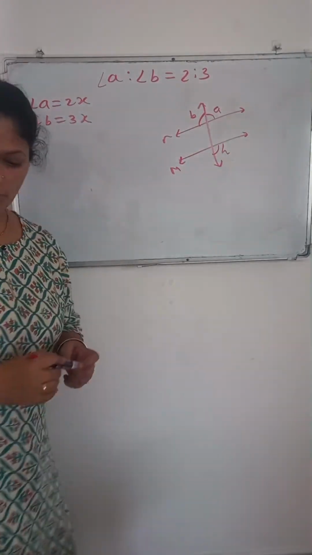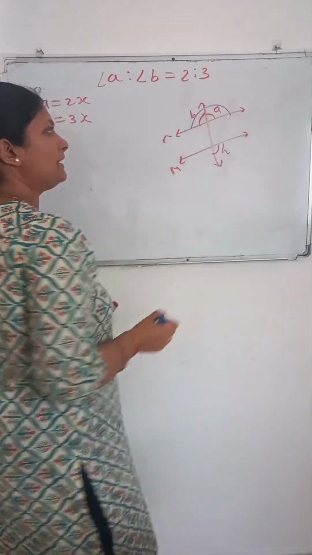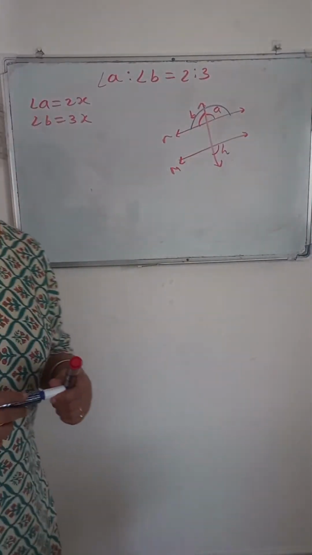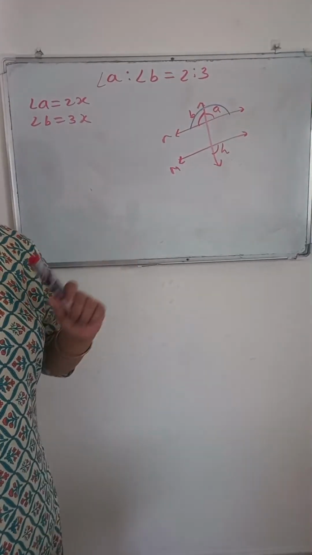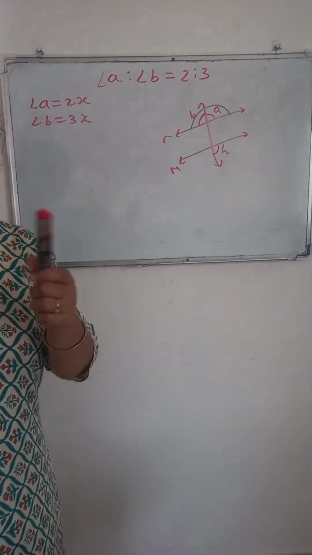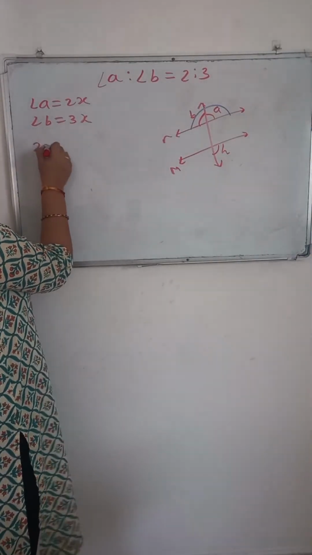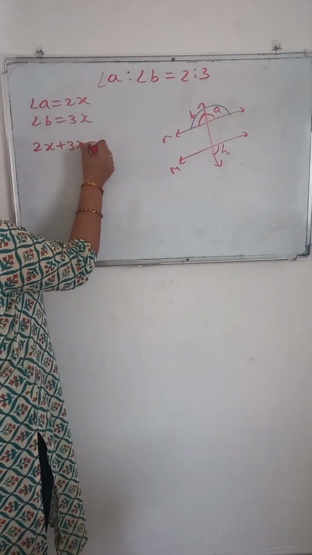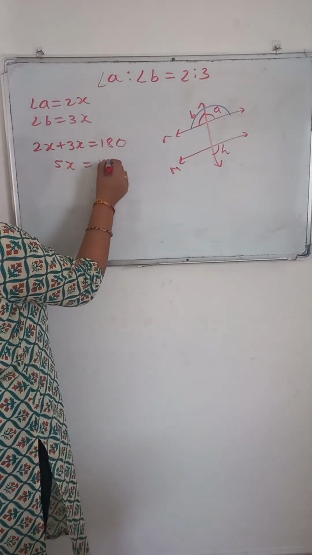If you observe this carefully, these two angles form a straight line, or we can say they are in linear pair. If two angles are in linear pair, then their sum is how much? 180. So here we can write 2x plus 3x is equal to 180. So here you will get 5x is equal to 180.